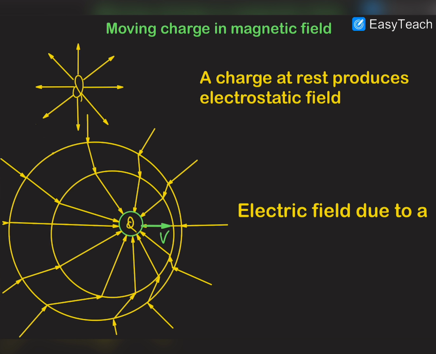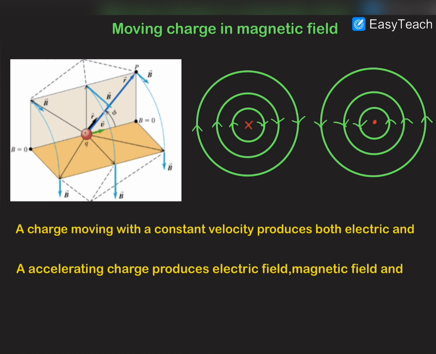Initially this charge should be at the center of this bigger sphere, and the field lines would be like that. This is a negative charge, and after some time it has shifted to this new position and the field lines become like that. So this is the field pattern of a moving charge, and it also produces the magnetic field.